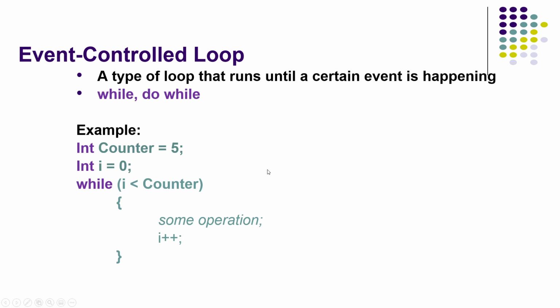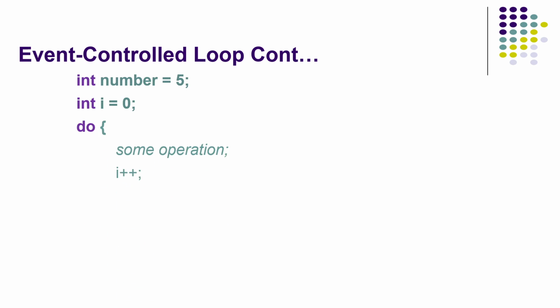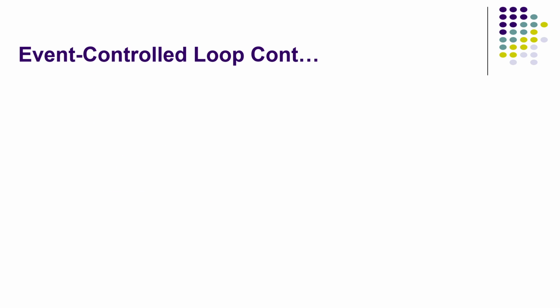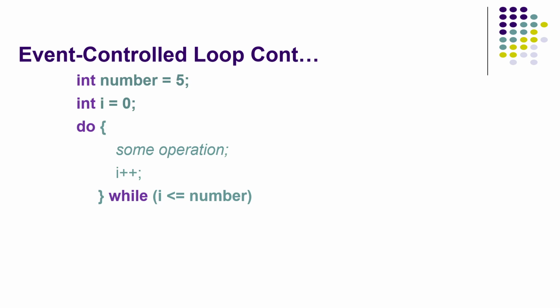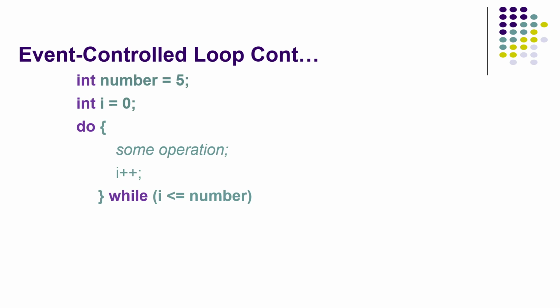Then another event control loop is a do while loop. So we can see it here. Now we can see the do while loop. It's not that much different.